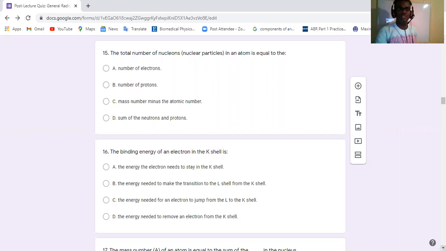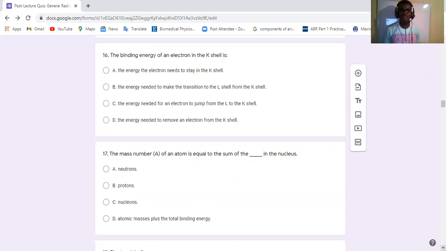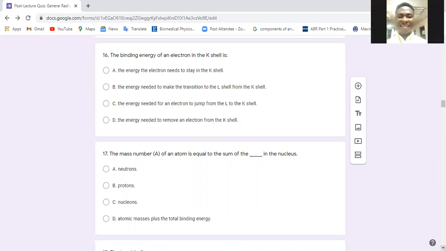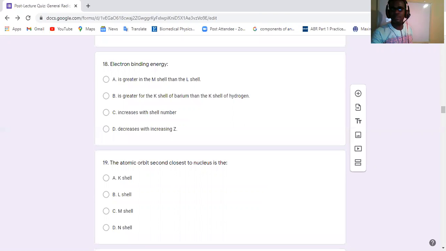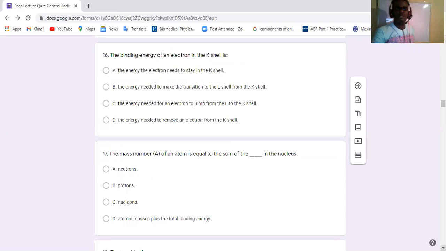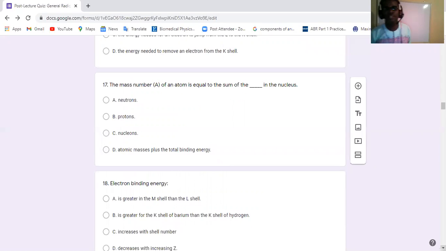The binding energy of an electron in the K shell is D, the energy to remove an electron from the K shell. Number 17. The mass number of an atom is equal to C, nucleons.